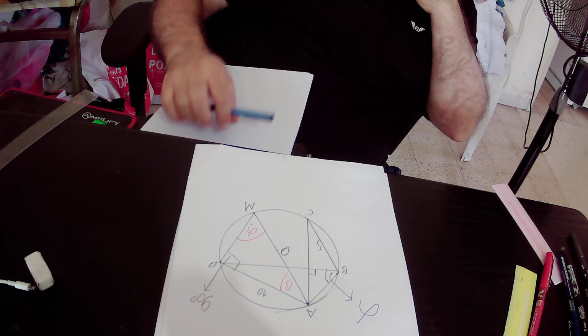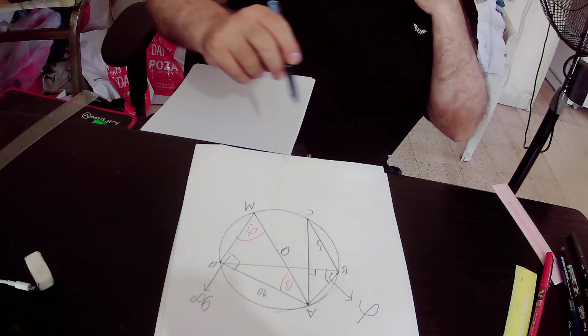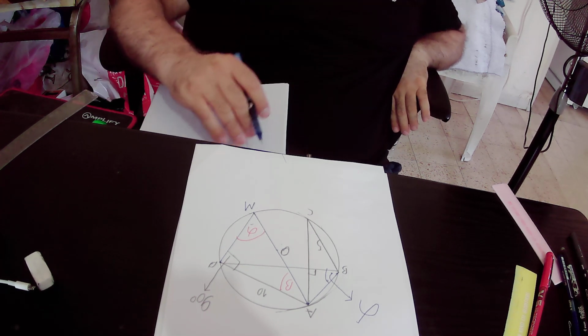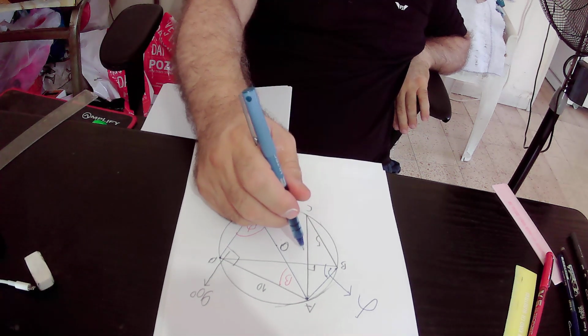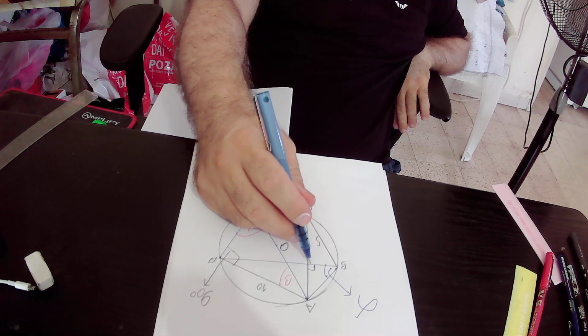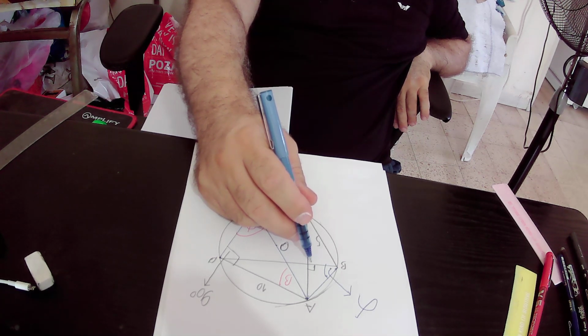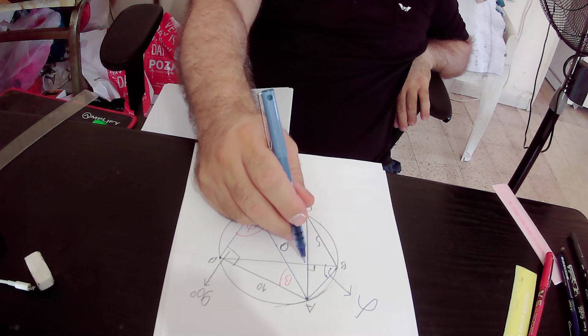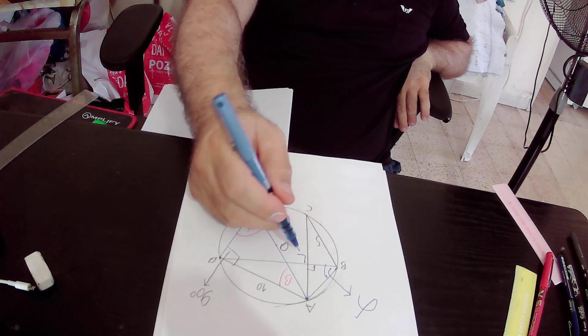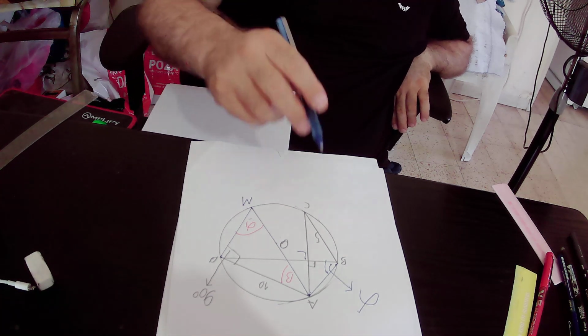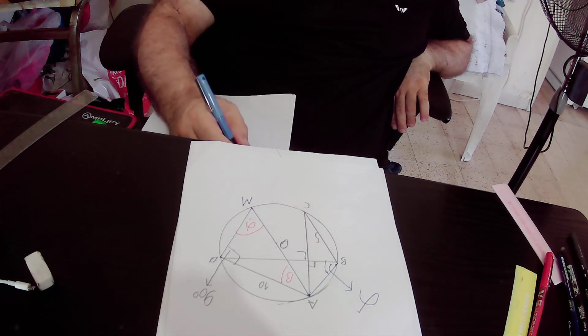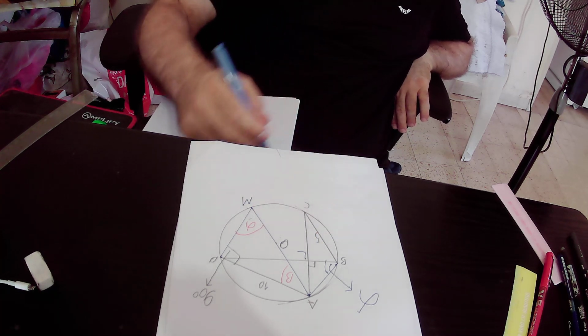Now we will focus on the right triangle AB. First of all, we define the vertex of the right angle. The vertex of this right angle will be defined as L. So we'll focus on the right triangle ABL.